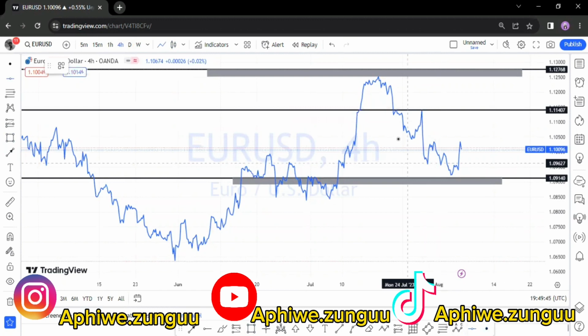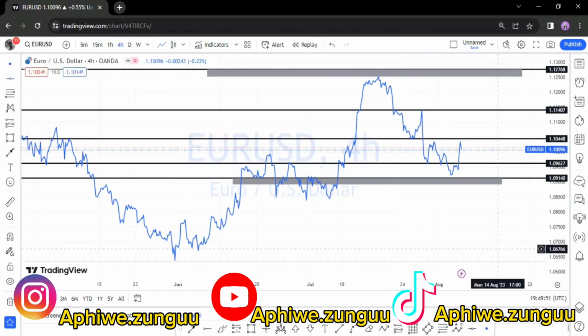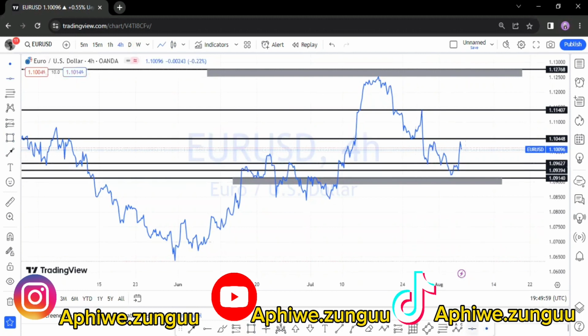is our low, is our low again, and there we go. Now I'm just marking out my sensitive areas that have 3 or more touches, right?